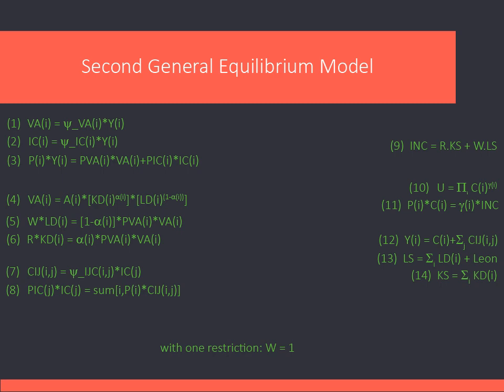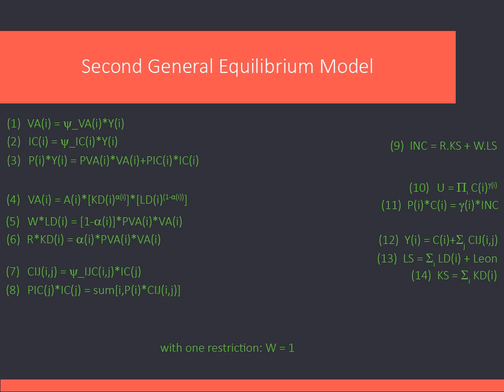And we have in fact 14 generic variables: VA, Y, IC, P, PVA, PIC, KD, LD, R, CIJ, INC, the income, U, the utility, C, consumption of each good, and Léon, which is the Walras variable.